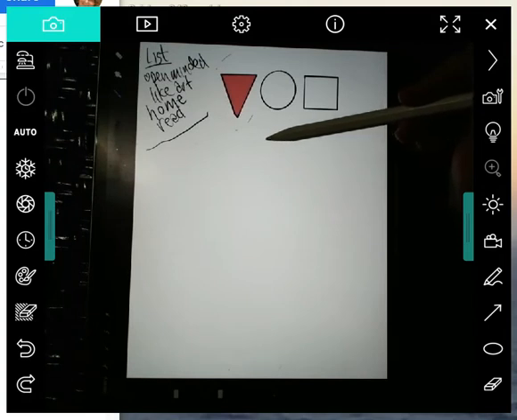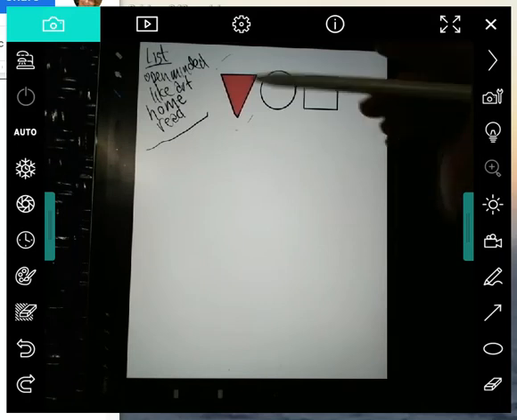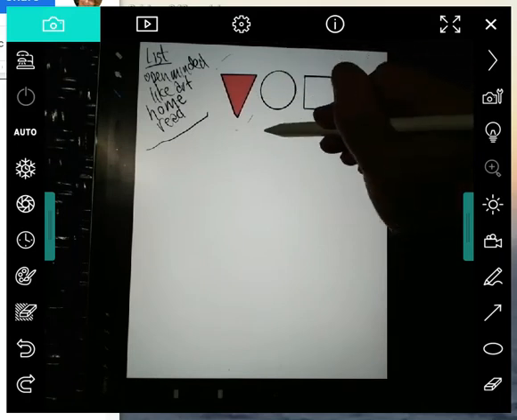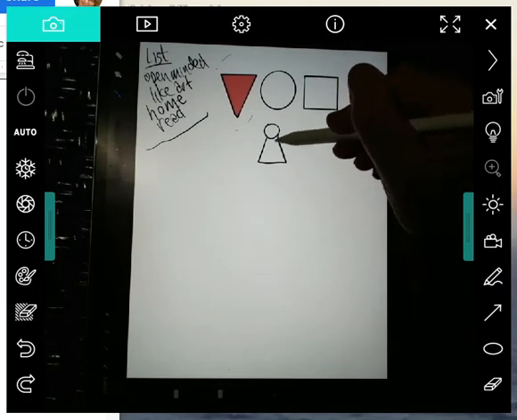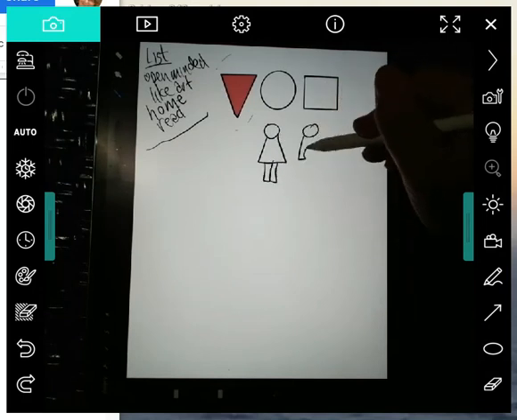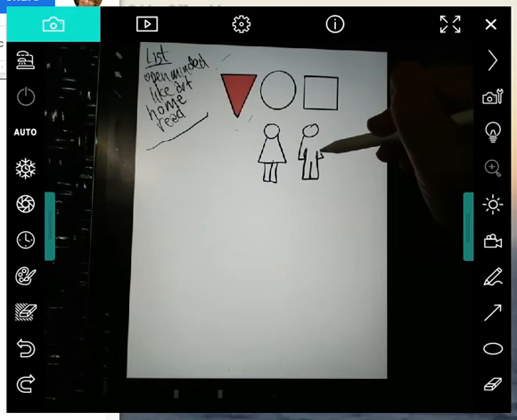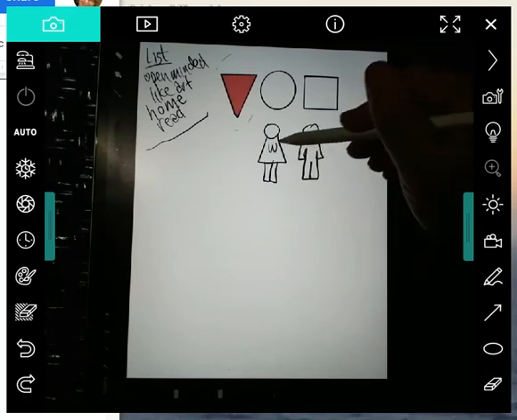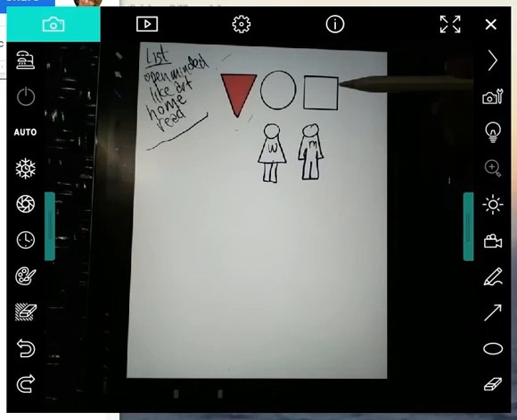So we associate images all the time, and we're not even sure of it. We don't even know about this. So for instance, if I was going to draw something like this back in the day, and then you saw this next to it, you would know this would be the woman's bathroom and that would be the man's bathroom. Okay.